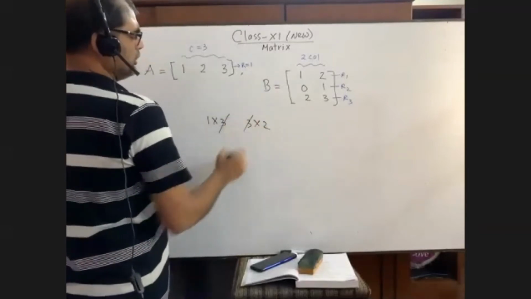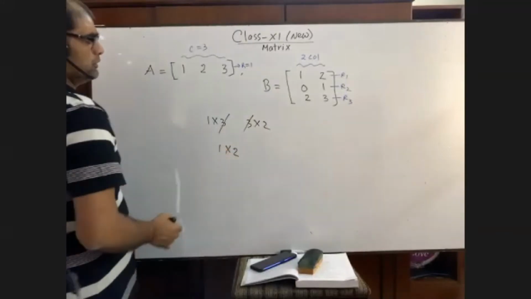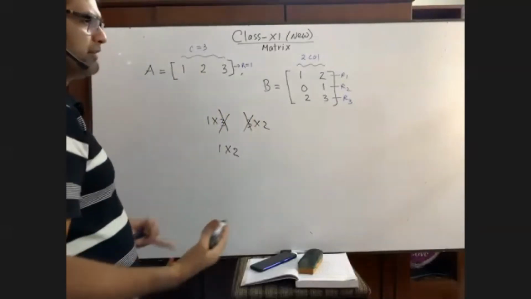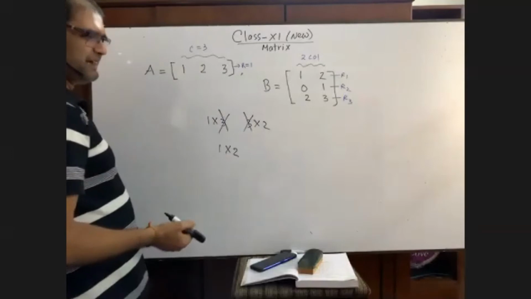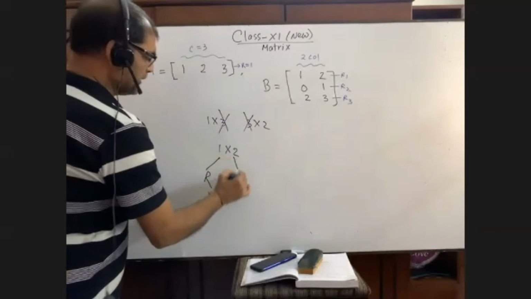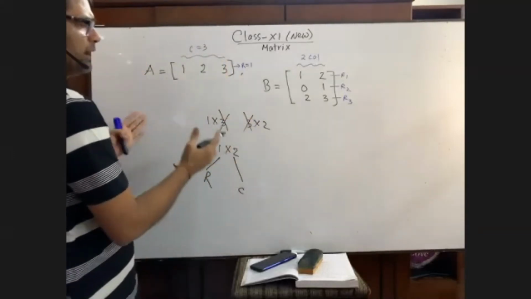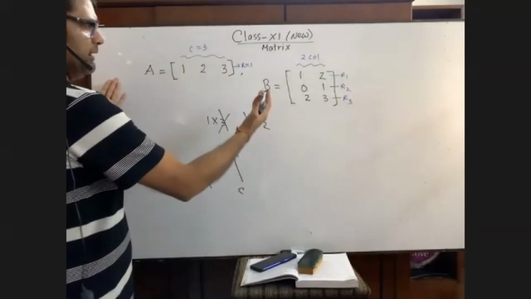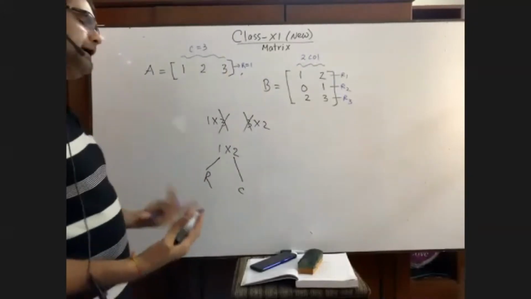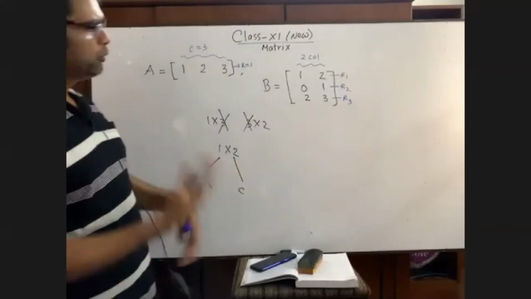The middle 3s will be omitted and we will be left with a matrix of order 1 into 2, that is, 1 row and 2 columns. If we multiply A and B, we get a new matrix of order 1 by 2.